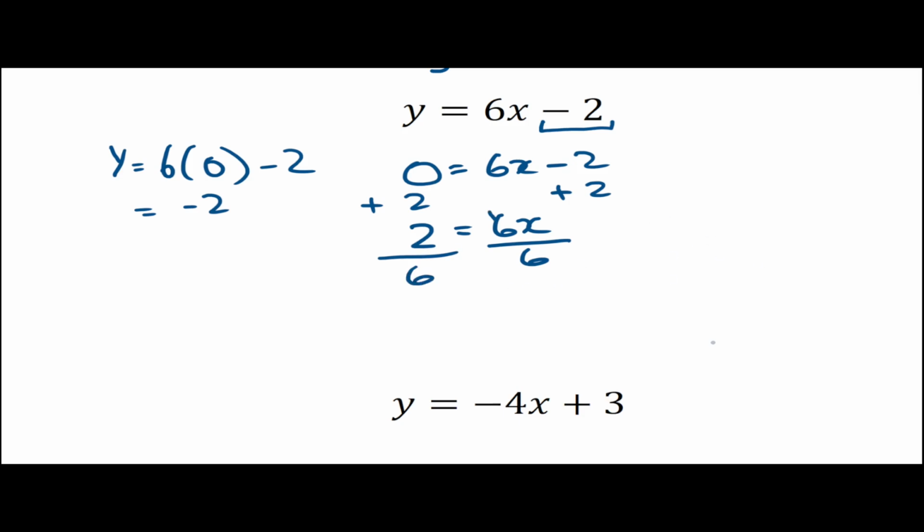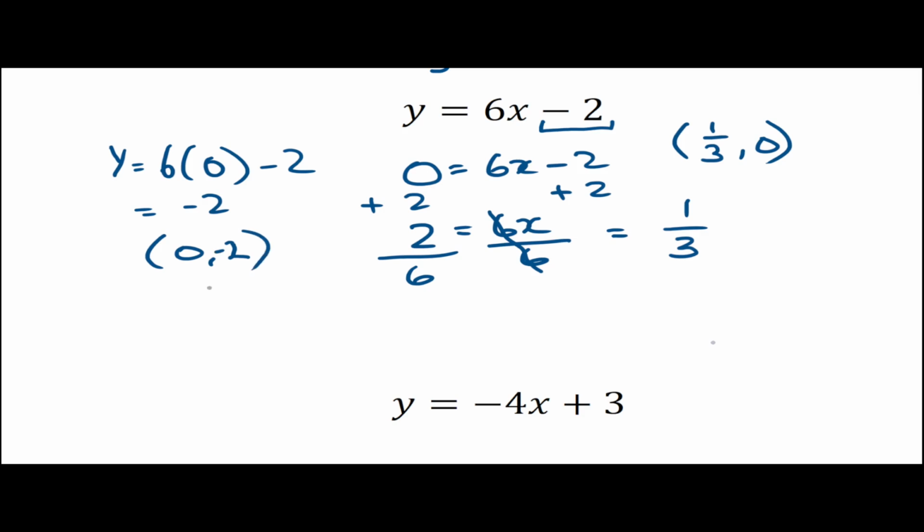And when I do that, they're going to cancel, and 2 over 6 is the same as 1 over 3. So in other words, this is going to cross the x-axis at 1/3, 0, and it's going to cross the y-axis at 0, -2.